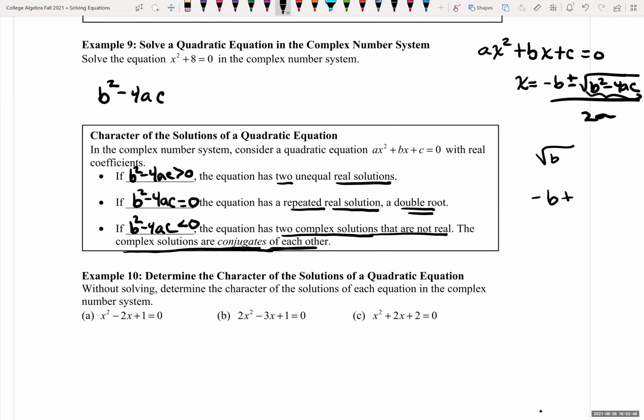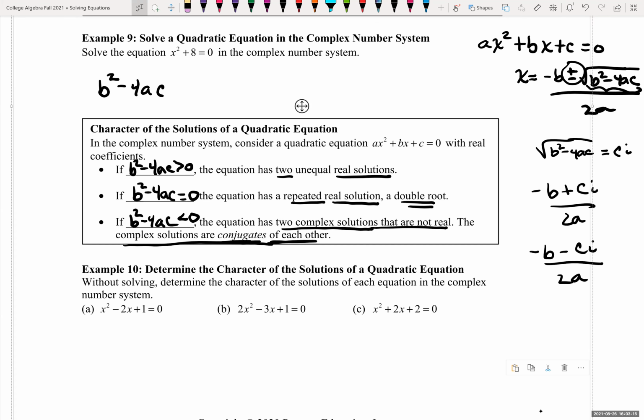Let's say that the square root of b squared minus 4ac was equal to ci. Then we would have negative b plus ci all over 2a, and negative b minus ci all over 2a because of the plus or minus here. So those are conjugates of one another.